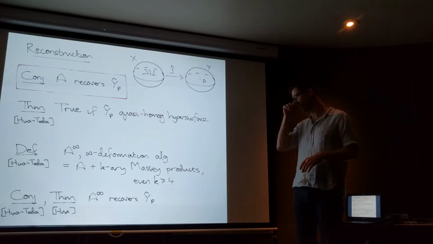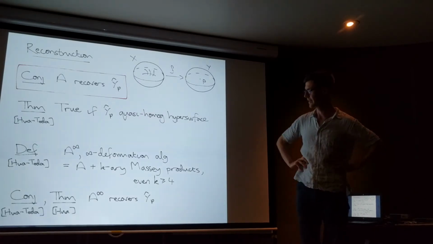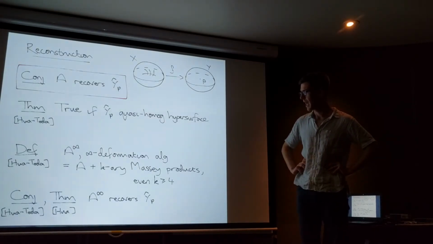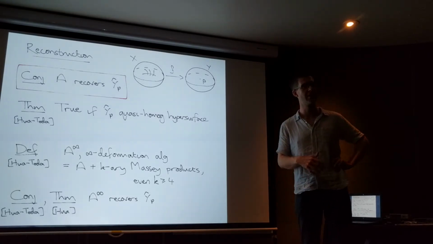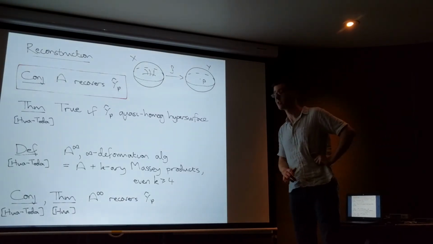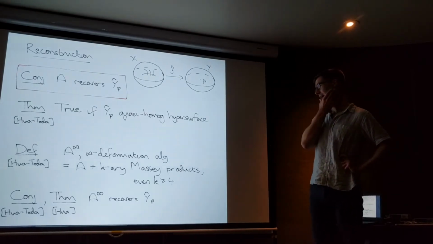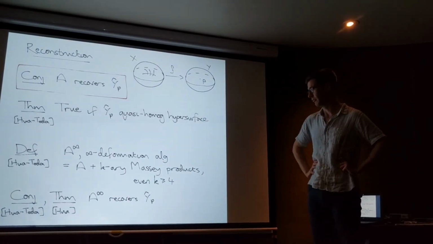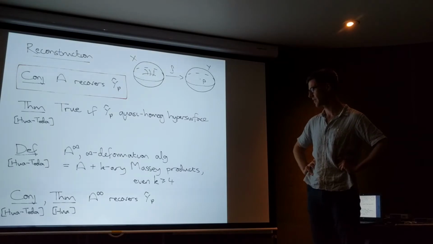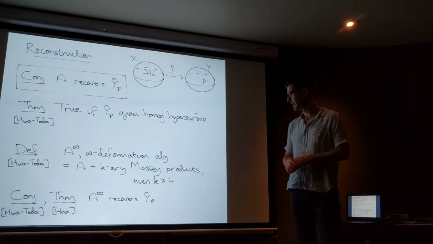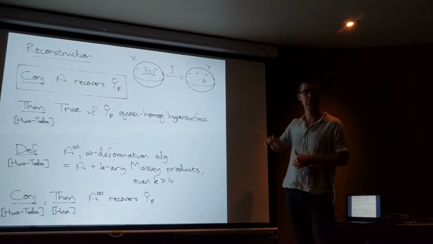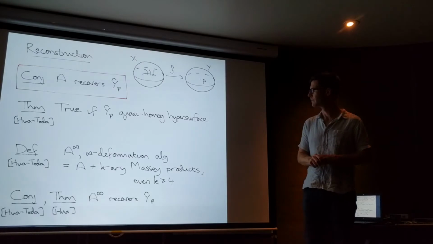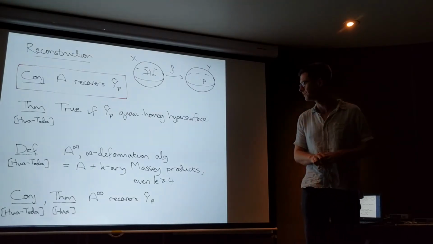In fact, it's just the even k's that appear in this construction. And they conjectured, and now Hua has shown, that with this extra information it is possible to recover the complete local ring. So perhaps surprisingly, this is the same as studying complete local geometry on the base, but perhaps in some ways more convenient.